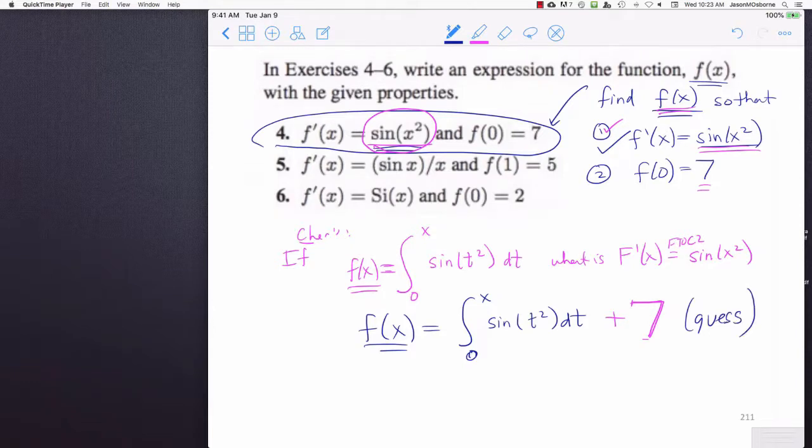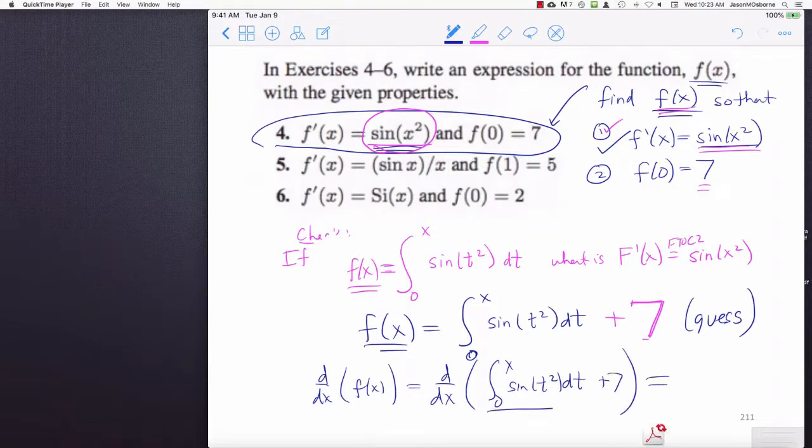Let's check. When I take the derivative of this function, do I get sine of x squared? You can take the derivative of each piece separately. The derivative of 7 is equal to 0, and the derivative of this integral, according to the fundamental theorem of calculus part 2, is sine of x squared. Sine of x squared plus 0 is sine of x squared, so the first condition is true.